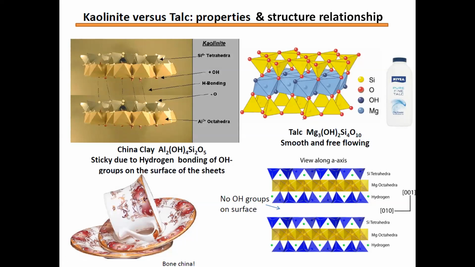Or sometimes, depending on the stoichiometry, there are very few OH groups, so the hydrogen bonding is very, very weak. And because hydrogen bonding is weak, they can exfoliate, they can separate from each other. They are slippery. The powders are slippery. This is one of the reasons.